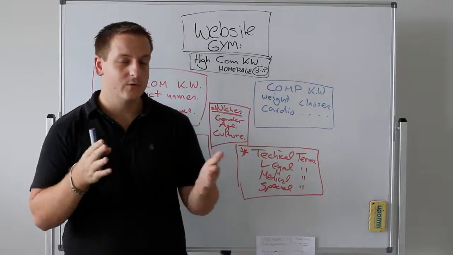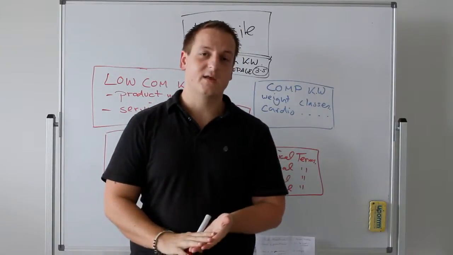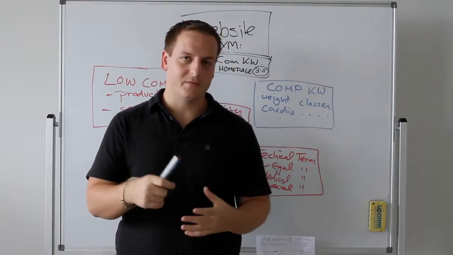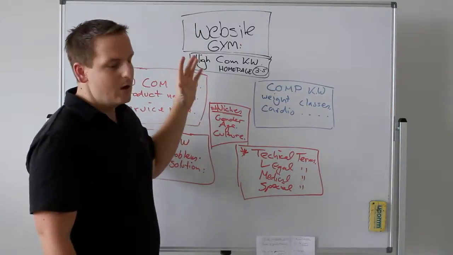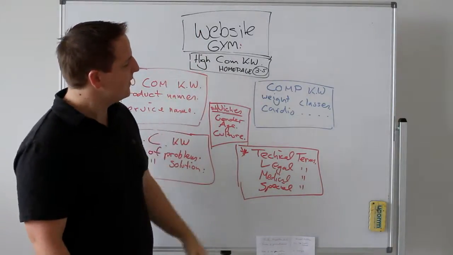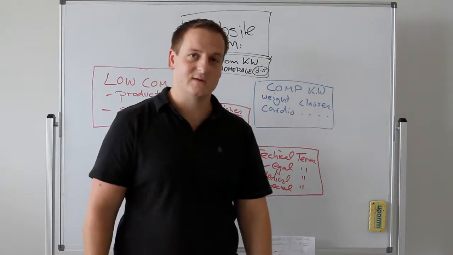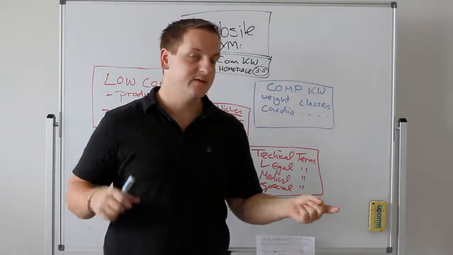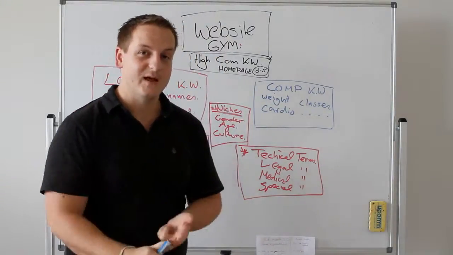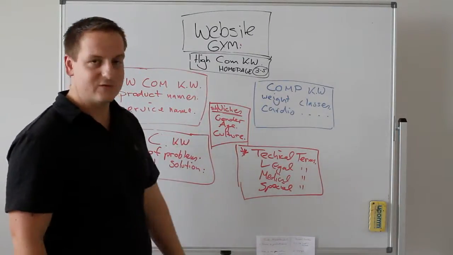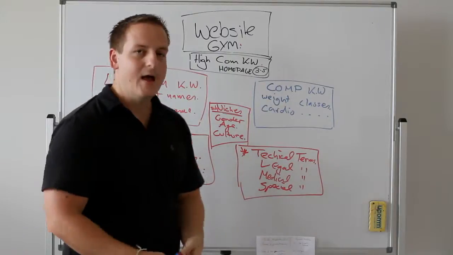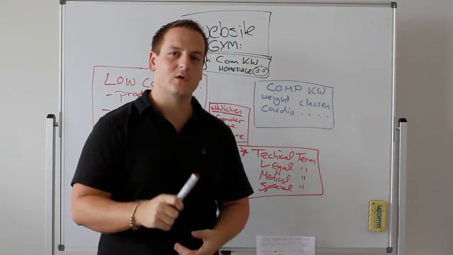And actually what I'm going to do on top of that, once we've done the keyword research, is show you a bit of a plan of what kind of SEO you need to be doing to start dominating this, because all the link building and on-site optimization hasn't changed at all. It's still the same. You still need links, you still need on-site optimization. But what we've figured out is there's a bit of, it's not really a loophole, it's just tapping into opportunities that are available for you online right now.